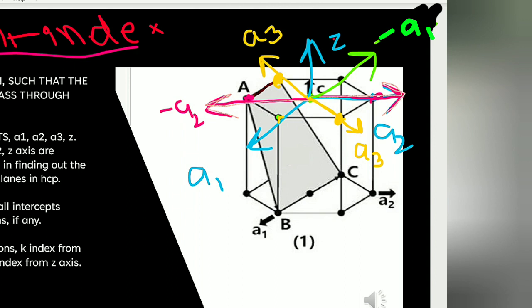So if you already know all of these conventions, you can skip it, but don't complain about me adding all of these details and making this video very lengthy, because I am not satisfied when I'm not telling you people all of the details that you should know, because it's very important. And now you have that knowledge of how this coordinate system is built in HCP, and this is very important.